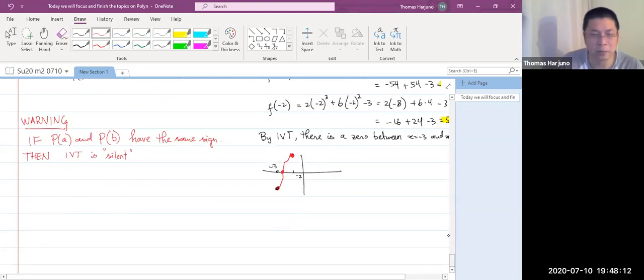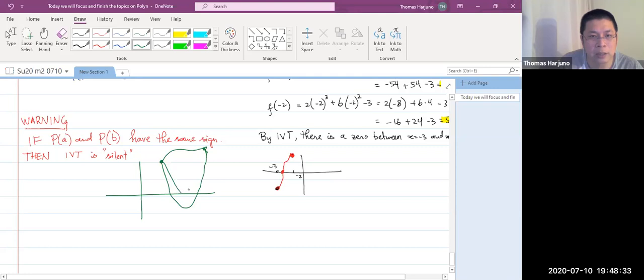It is possible that they have the same sign, like both of them positive, and it doesn't have any zero, it doesn't cross the x-axis, but it is also possible that it does cross.